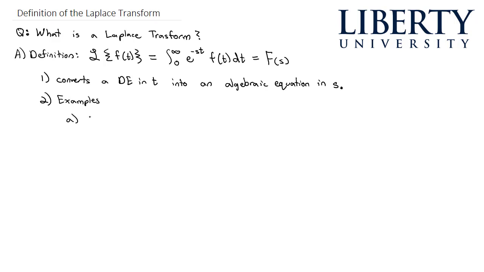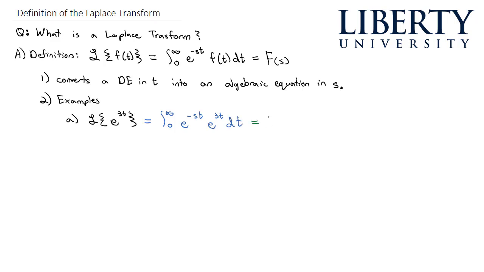Let's say we wanted to find the Laplace transform of e to the 3t. Well, to do that, we're going to take the integral from 0 to infinity of e to the negative st times our function e to the 3t dt.